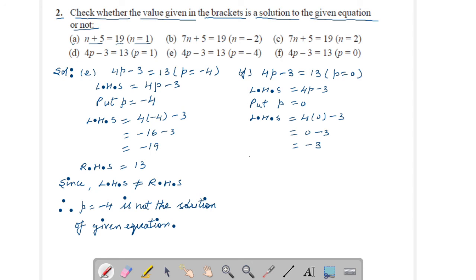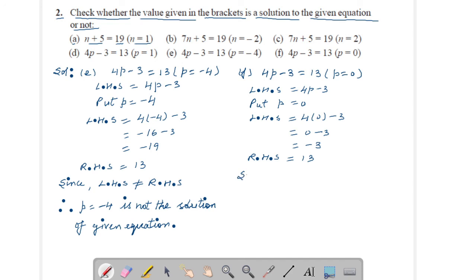And what is right hand side? It is 13. What do we conclude? That left hand side it is not equivalent to right hand side.